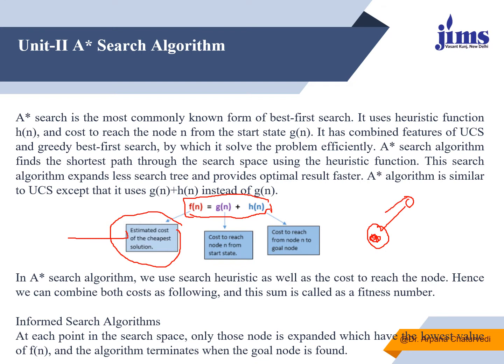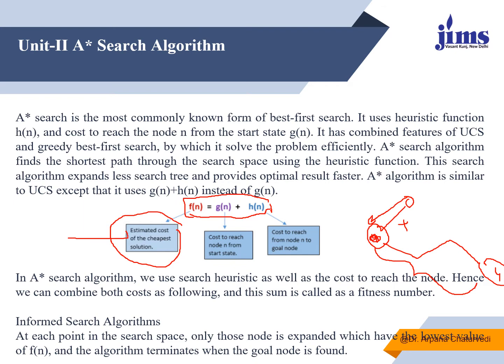Plus the cost to reach from this node to the goal node. Suppose the goal node is over here. So what will be the total cost to reach this goal node? We will be adding both. Fine. And that becomes f(n), and we have to look for the cheapest solution or cheapest cost for that particular node to move further.